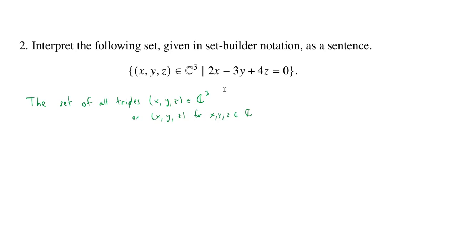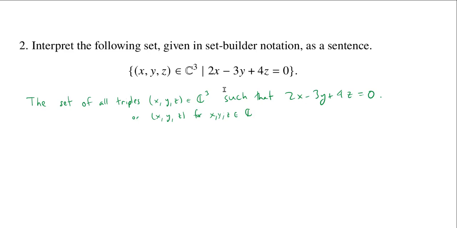Then comes the line, so I write such that. And then I need conditions, and here there's one condition: 2x minus 3y plus 4z equals 0, so I'll just write that.